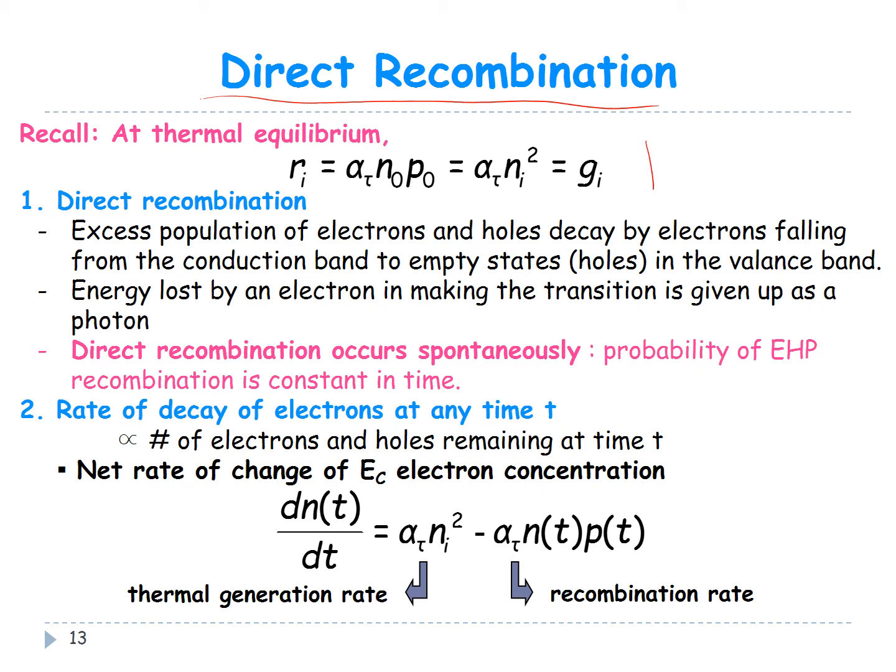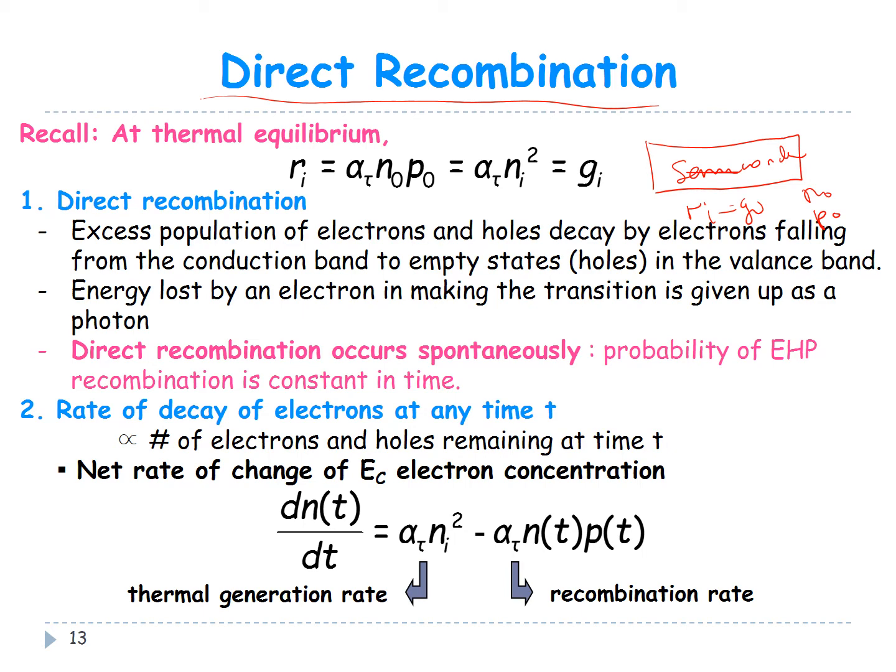If we have a semiconductor, at thermal equilibrium the recombination equals generation, such that you have a constant number of electrons in the conduction band and a constant number of holes in the valence band. So this is what happens at thermal equilibrium.